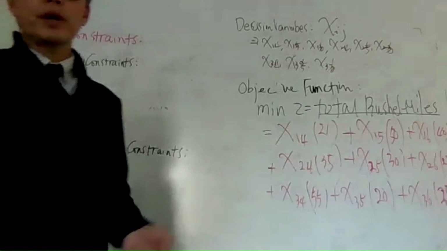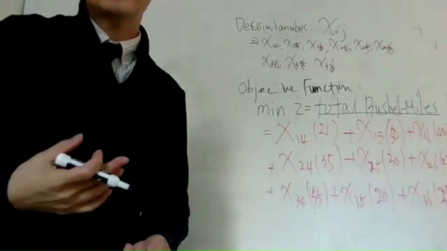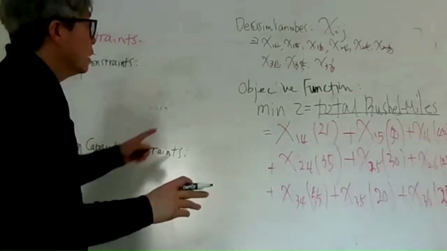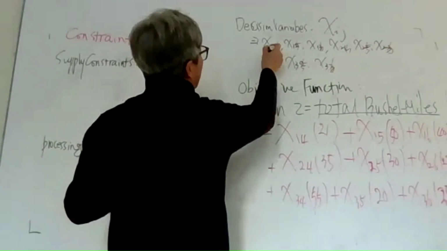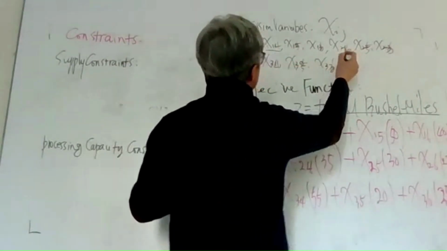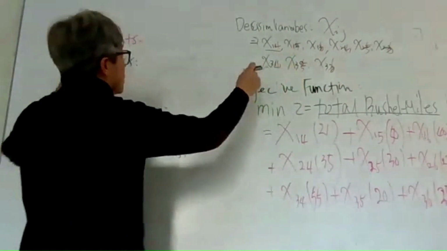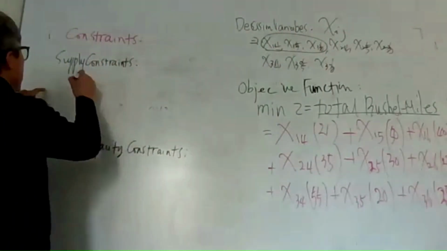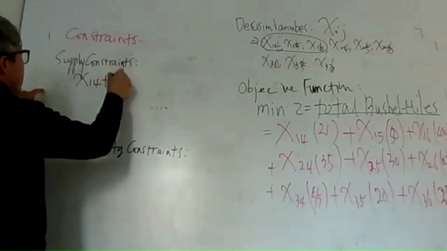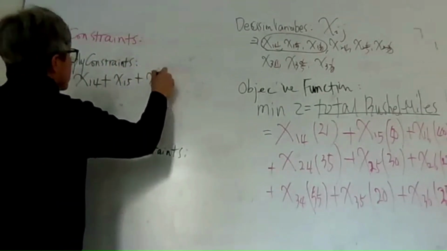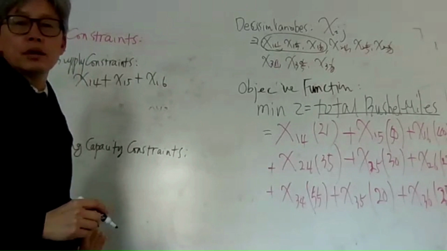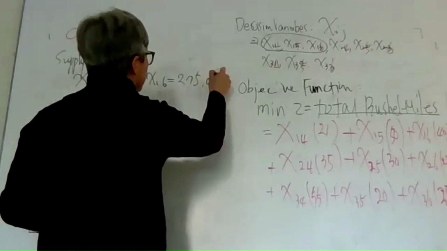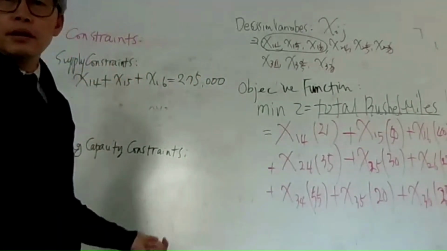I see two groups of constraints: supply constraint and processing capacity constraint. I would say the supply from grove 1, x14 plus x15 plus x16 should be equal to 275,000 bushels. Is that correct?